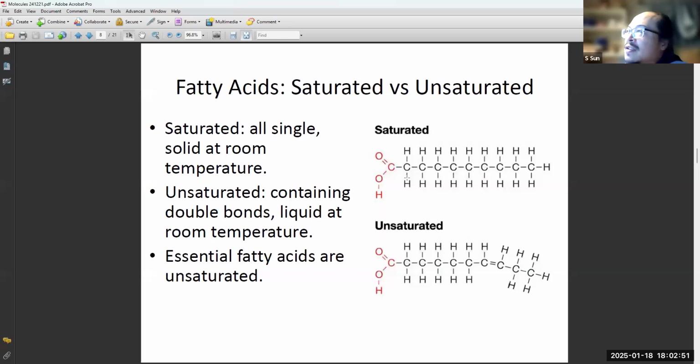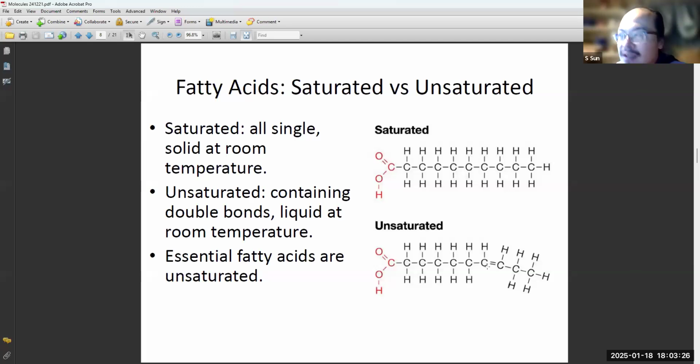The difference between saturated and unsaturated: chemically and structurally, saturated fats do not have double bonds, while unsaturated ones do. But other than that, what do you need to know? When we take food, in certain situations we want to take saturated fat, and in certain situations we want to take more unsaturated fat.